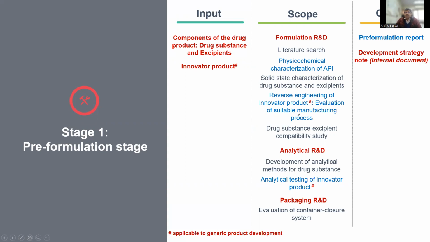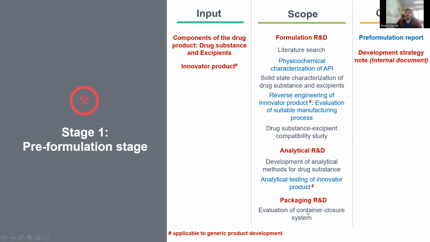After doing the reverse engineering and the pre-formulation studies, drug substance excipient compatibility studies are carried out. This is the last activity carried out in the formulation R&D in stage 1. The analytical division does the development of analytical methods for the drug substance and analytical testing of the innovator product in this stage.